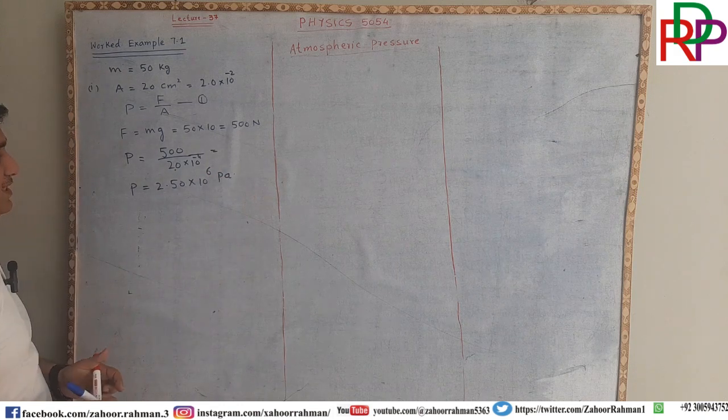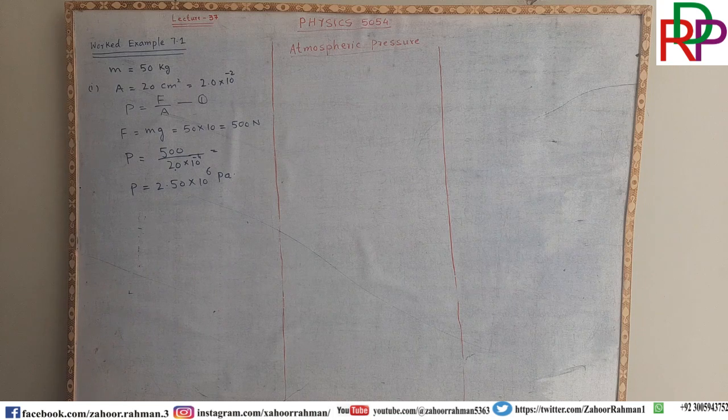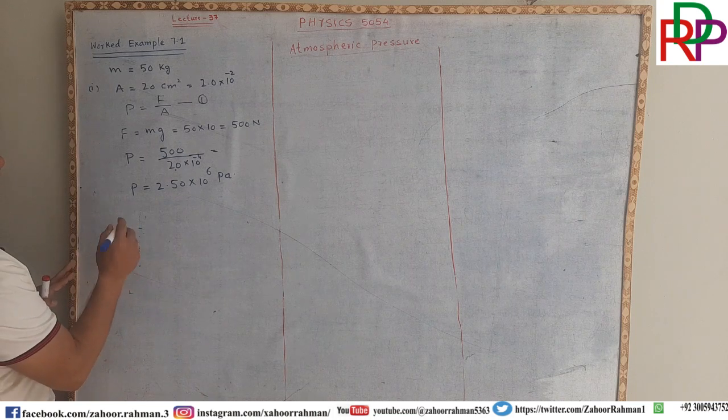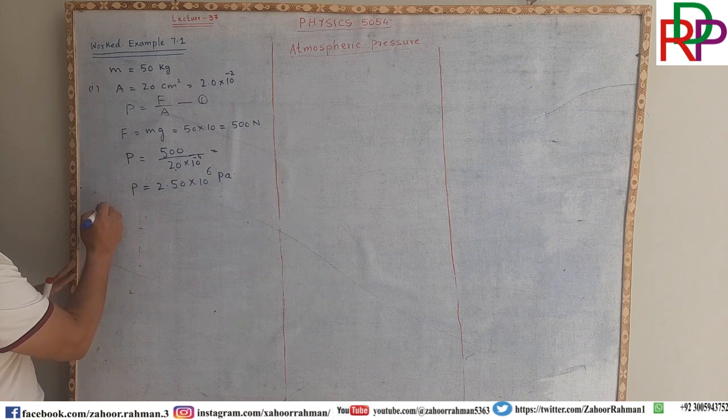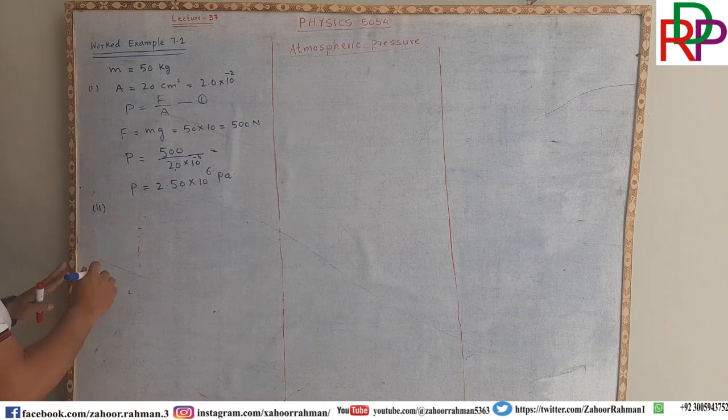And you know that Pascal is the unit of pressure, so we write it. Keep this in mind. At the end, we will conclude a very important result from it.